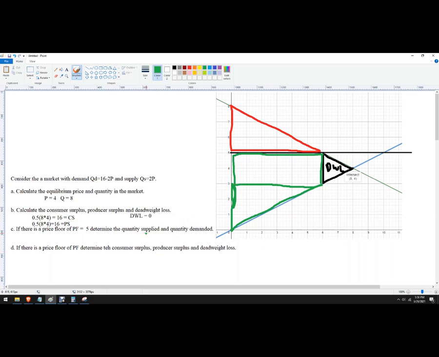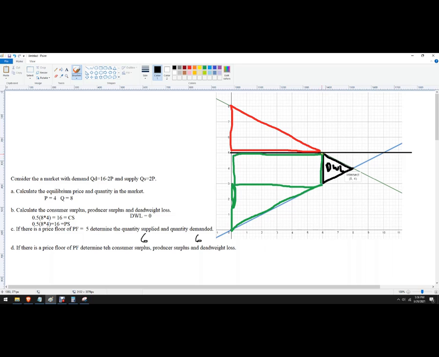So quantity supplied is going to be 6. Okay. So quantity supplied is 6. And that's actually the quantity demanded is 6.